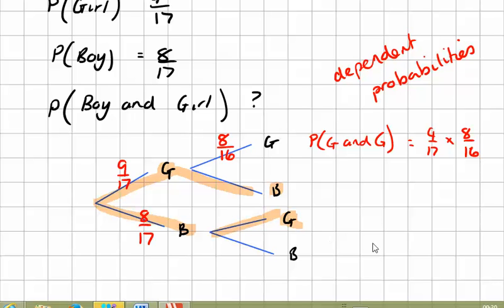So when you come back to me, solve that problem. For boy in this, it will be 9 out of 16. Yeah, but there are only 8 boys, so it will be 8 out of 16. Next time we see.